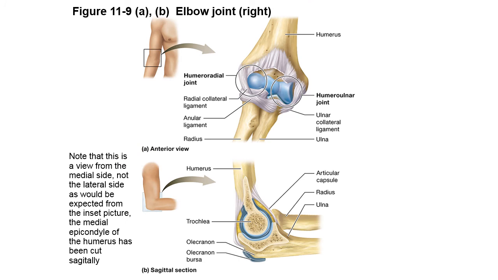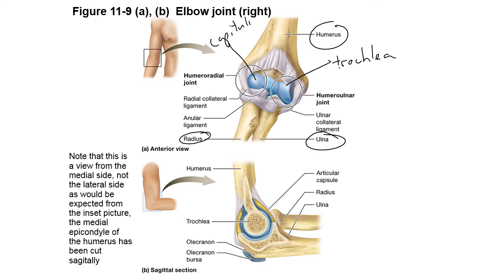Getting close to the end. So we have the humerus up here, and then we have the ulna and the radius. That's the anterior view, so we're looking at this from the front. And so this is the trochlea there, and the capitulum. So the radius nestles in with the capitulum, and the ulna goes around the trochlea.